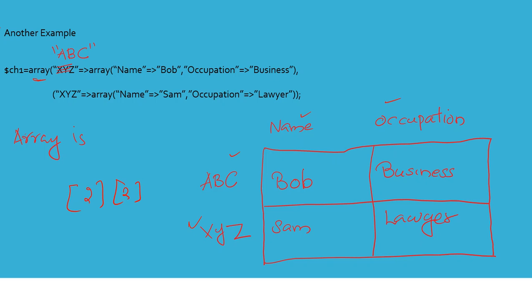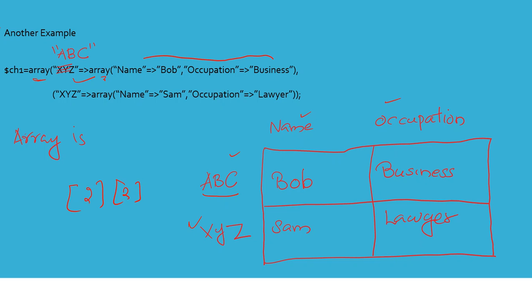So this is like array of ABC gives array, which has to be treated as the first row created using this array function, and that can be labeled as ABC. And this part remains the same.